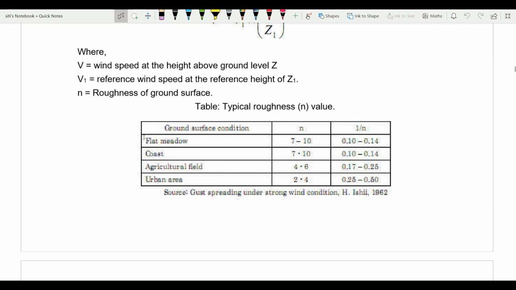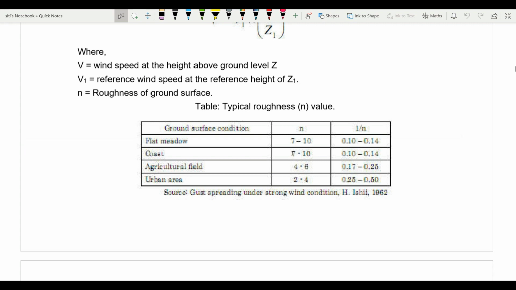Condition number 1 is flat meadow. For flat meadow, the roughness N is between 7 to 10. So 1 over N will be 0.10 to 0.14. Coarse grass is also the same thing, 7 to 10.